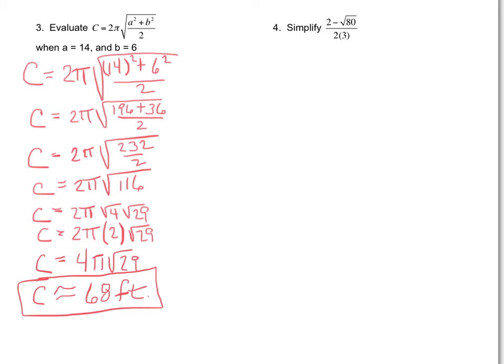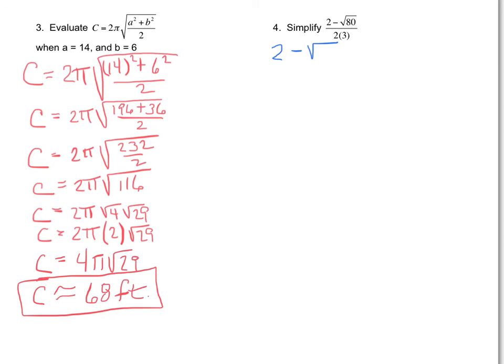Okay? And on our last one here. So again, with the terms being connected with the pluses or the minuses, we need to make sure that the number in the denominator goes into both terms. So first what I want to focus on is, how do I break down the square root of 80? Well, again, if I focus on 4 and 20, could do 4 and 20.